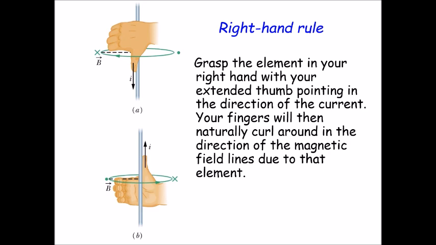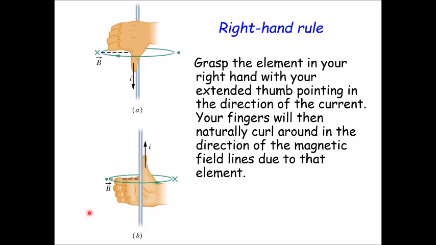You orient your thumb in the direction of current. So let's say the current is downward here. You see that your fingers can curl, and the rotation of your fingers gives you the direction of the field. So here the field is into the page, and here the field will be out of the page.